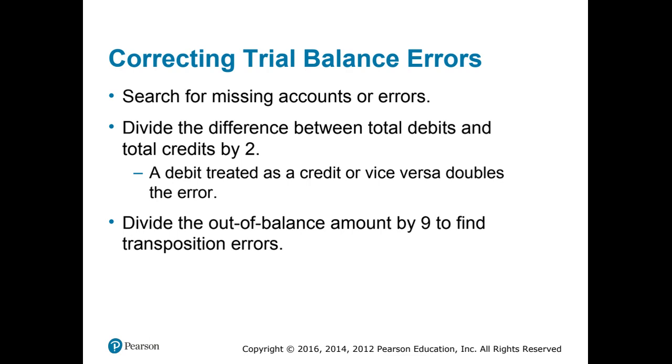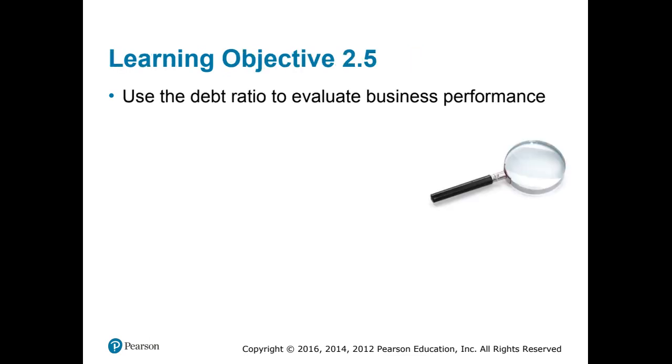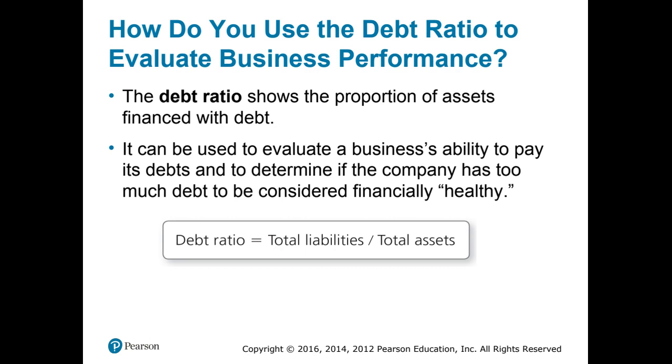All right. Learning objective 2.5. So we're going to use the debt ratio to evaluate business performance. And this is on page 81. So the debt ratio shows the proportion of assets that are financed with debt.